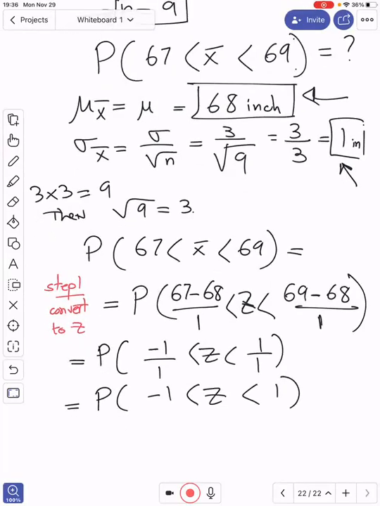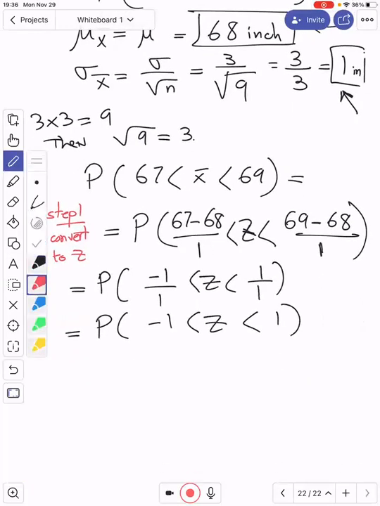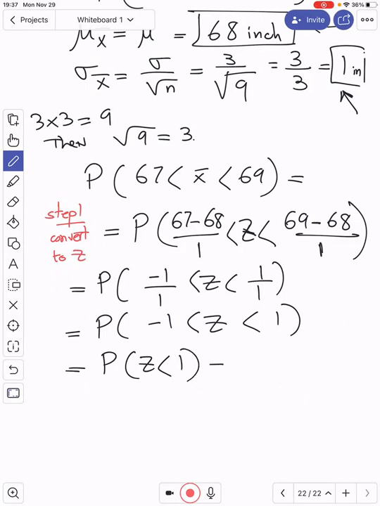Okay, and now we can use our table. Well, before the table, let me just say, this is the probability that z is between two numbers. So that's the probability that z is to the left of the second number, that's 1, minus the probability that z is to the left of the first number, which is negative 1.